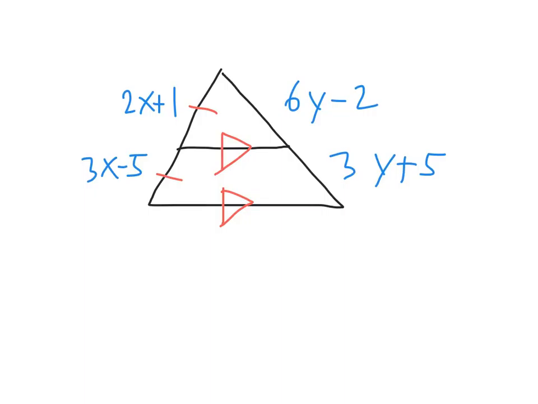Now, in this problem, again we have a triangle cut by a line that's parallel to another side, and we're given that these two are equal to each other. Well, that'll make it easy to solve for x, because all we have to do is just set these two equal to each other and solve for x. But what about these two?